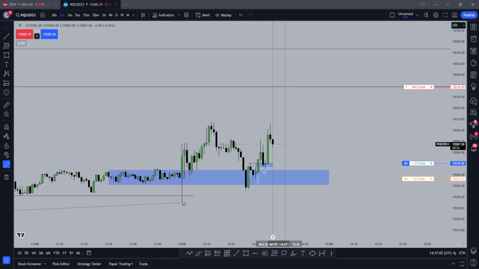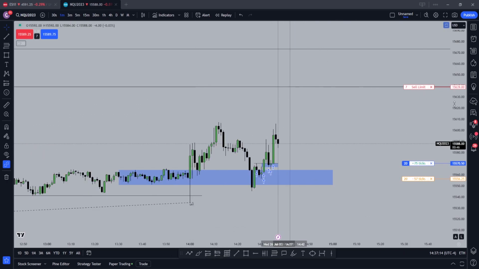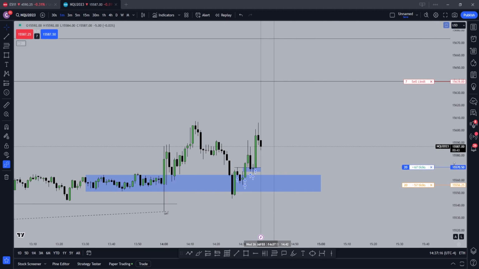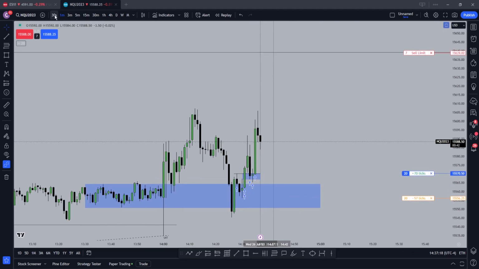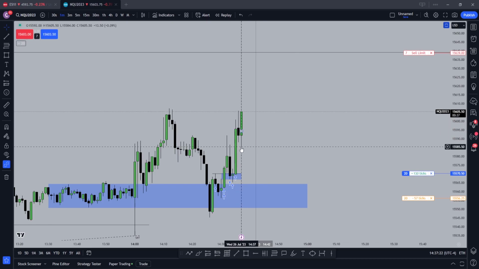Could enter off that. But yeah, here fair value gap is coming to that order block, and that 30-second interval gave a beautiful entry, but I didn't enter it. Already in deep.